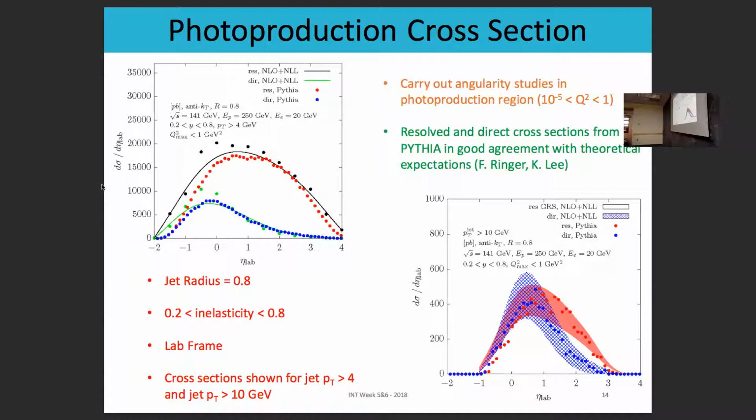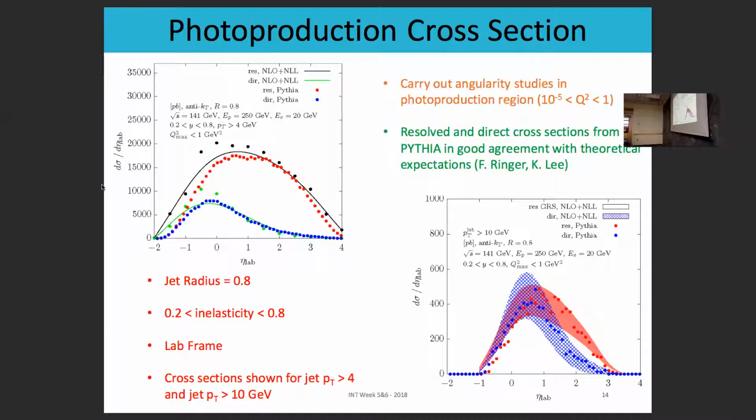Here we see 2 cross-section comparisons, theory to PYTHIA. Again, anti-kT, R of 0.8, root S of 141. This is for jet pTs greater than 4, and this is for jet pTs greater than 10, again for the resolved and the direct processes separated out.